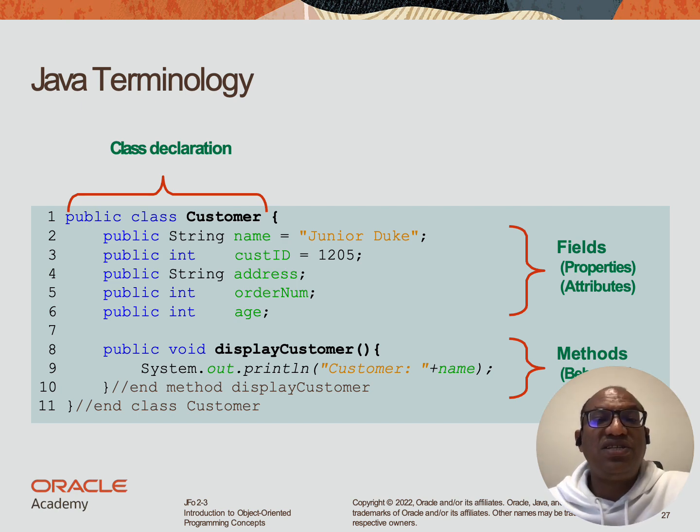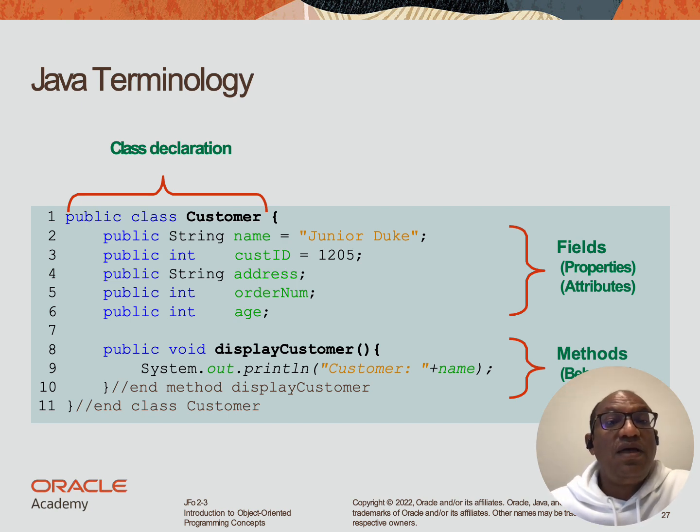Notice that the entire class is surrounded by curly braces. Fields of a class. These fields represent the properties or attributes of the class. Methods of the class. These methods represent the behaviors or operations. Here we see just one method, displayCustomer. Note, in the code example, the word public is a modifier. You'll learn about modifiers later in the course.